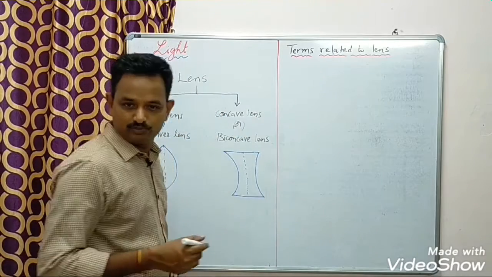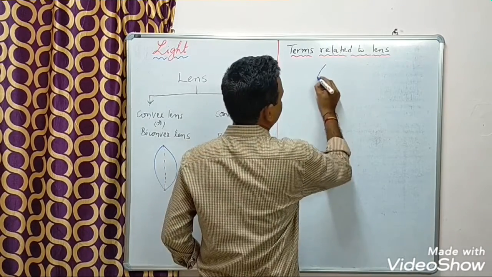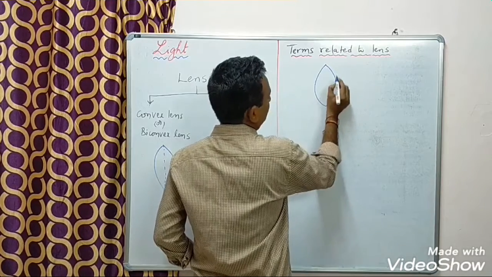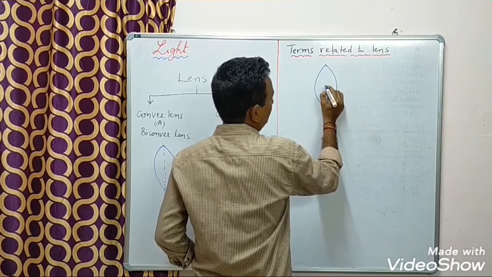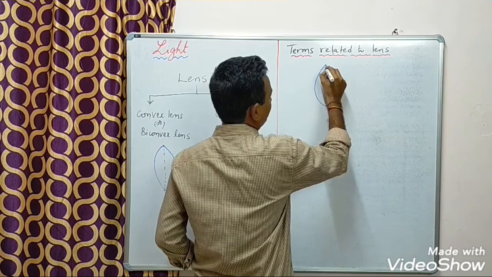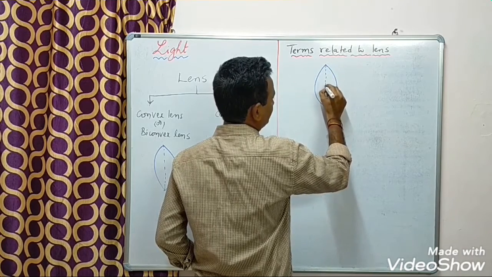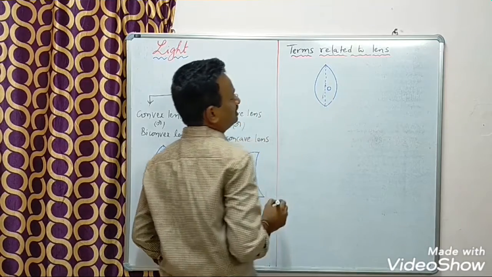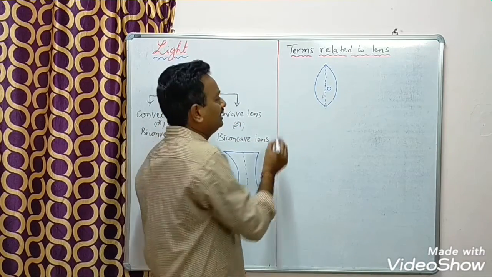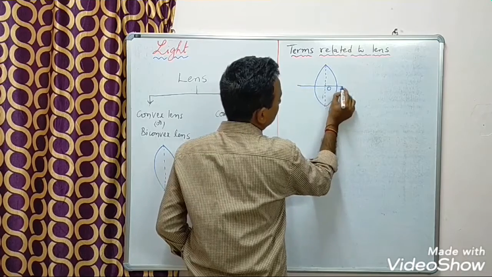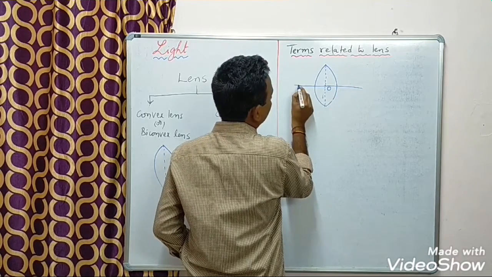See, if you observe convex lens, it has center which is called optical center. Okay. Through that center an imaginary line will pass, that is called principal axis.